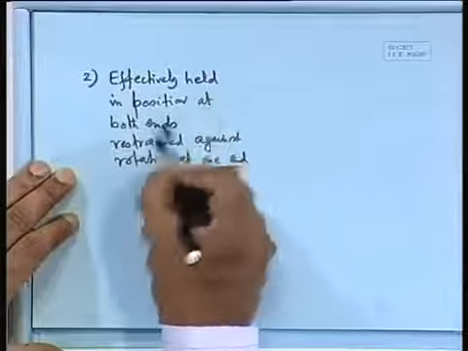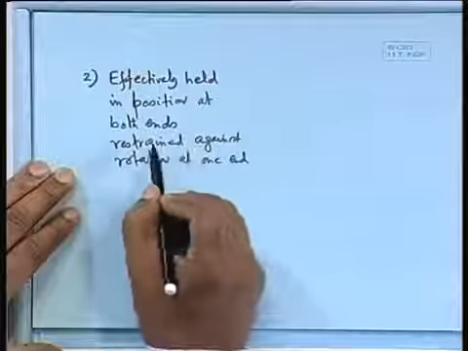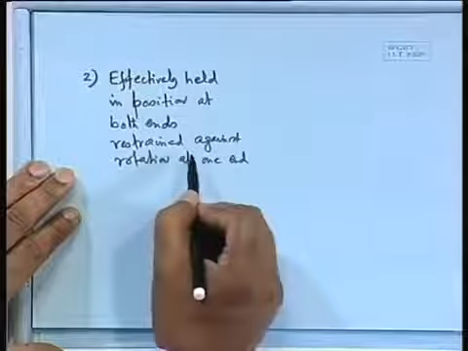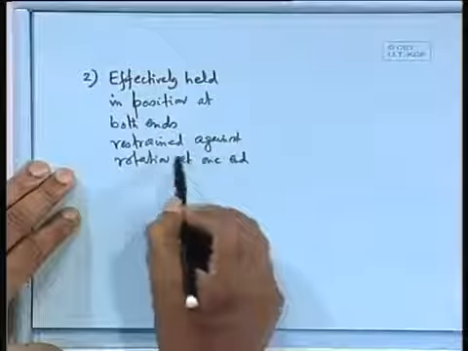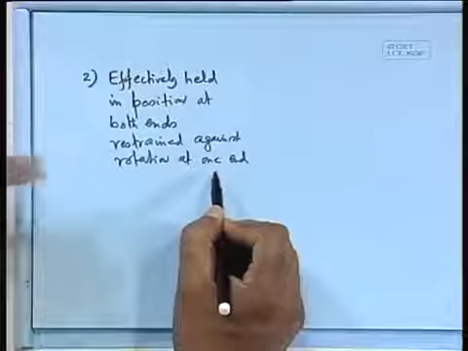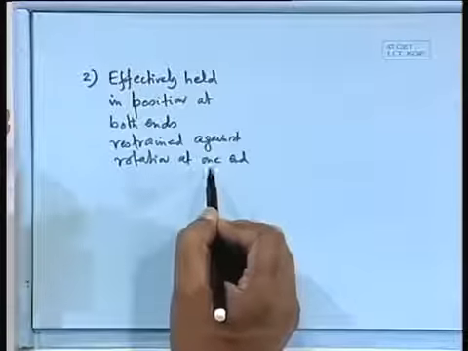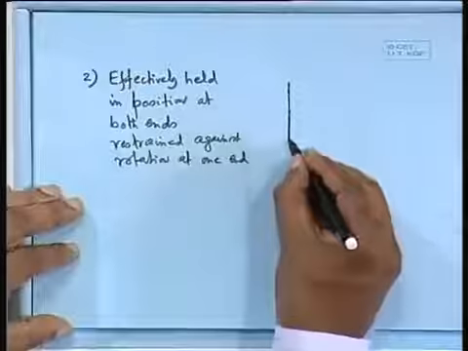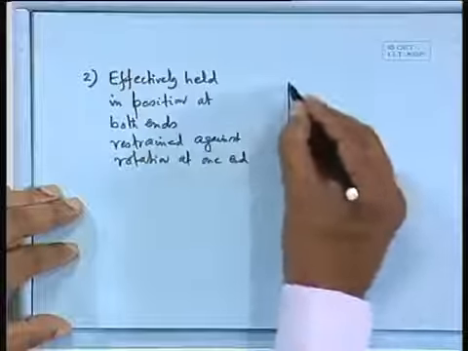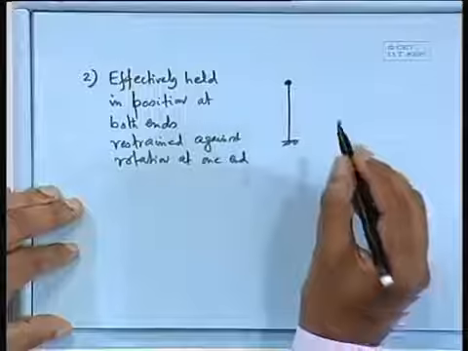Effectively held in position at both ends means there is no lateral movement, but only at one end it is restrained against rotation. That means one end fixed, another end hinged. That is the case it is specifically telling. So I can say this is your fixed end and this is your hinged one.